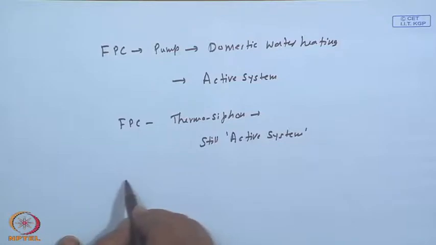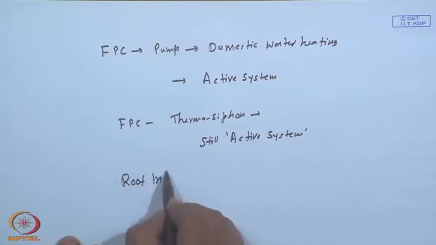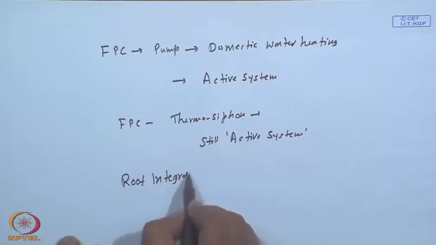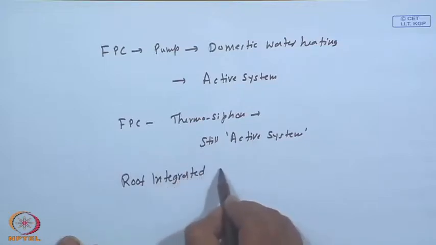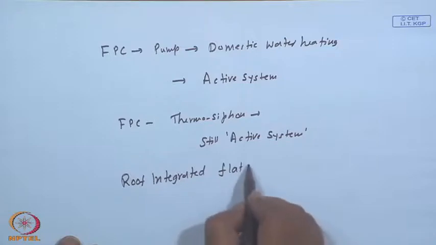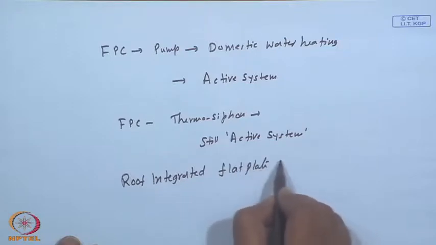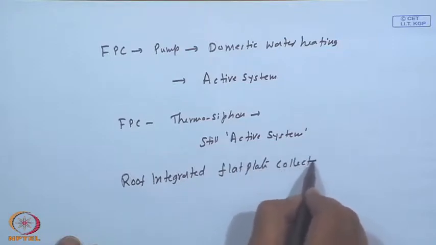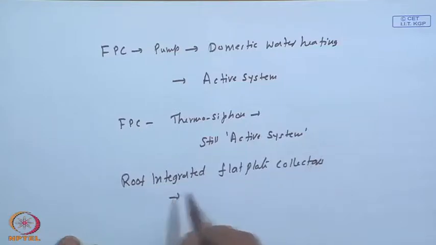Then for example, roof integrated flat plate collectors, still an active system.